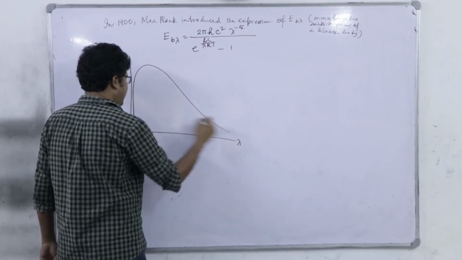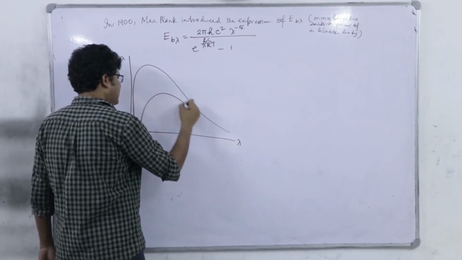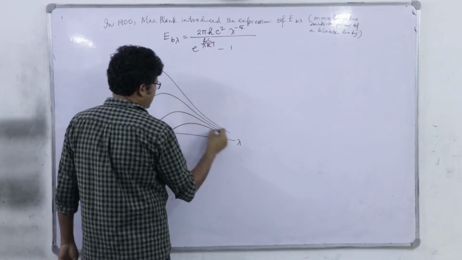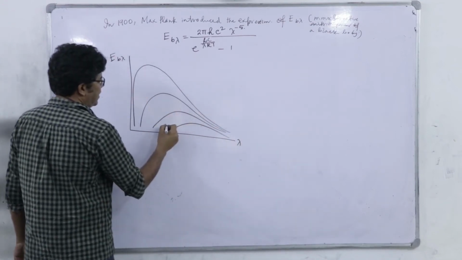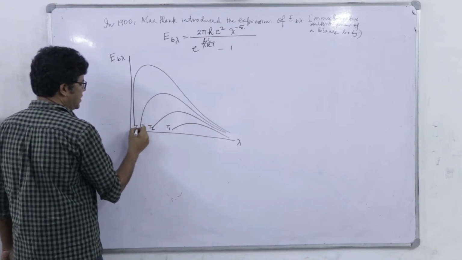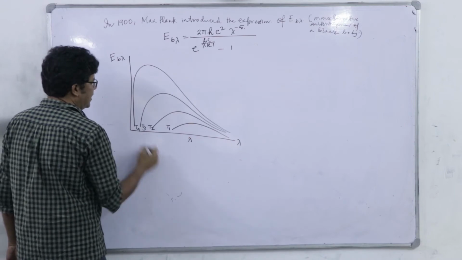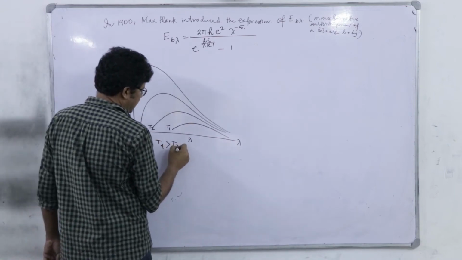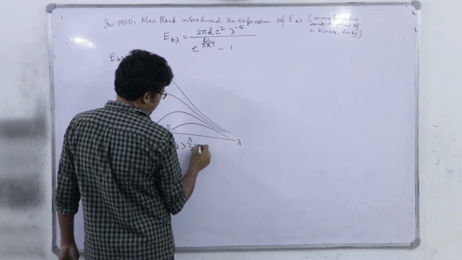So, it behaves like this. Like this, and this is the lowest temperature T1, then T2, T3 and T4, and this is the scale of lambda, this is E B lambda, and you see that T4 is greater than T3, greater than T2, greater than T1.